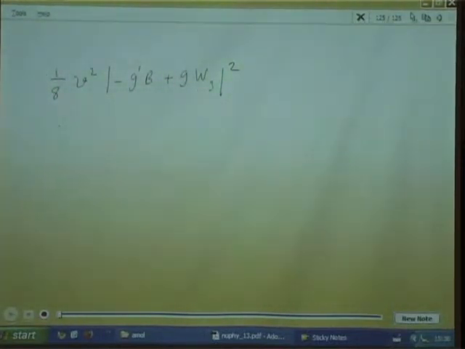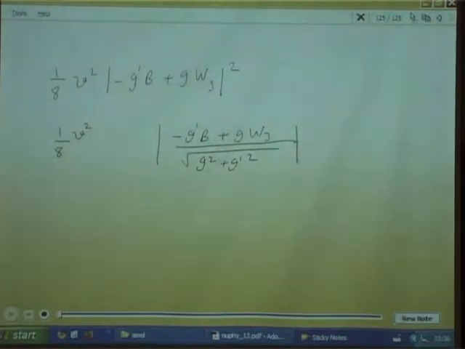So therefore, normalization for this would be minus G prime V plus G W3 divided by root of G square plus G prime square. And then this becomes G square plus G prime square, this is normalization.